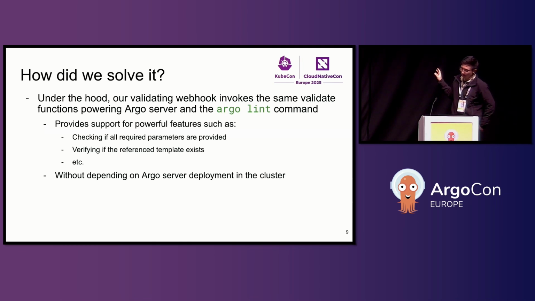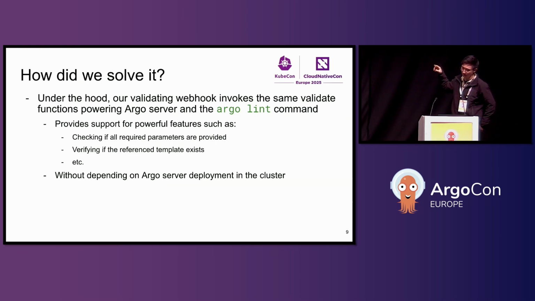And there's a lot of support for checking the workflow spec very thoroughly. So for example, it won't just check whether the workflow spec matches the schema definition. It will also go into each individual parameter for template invocation.